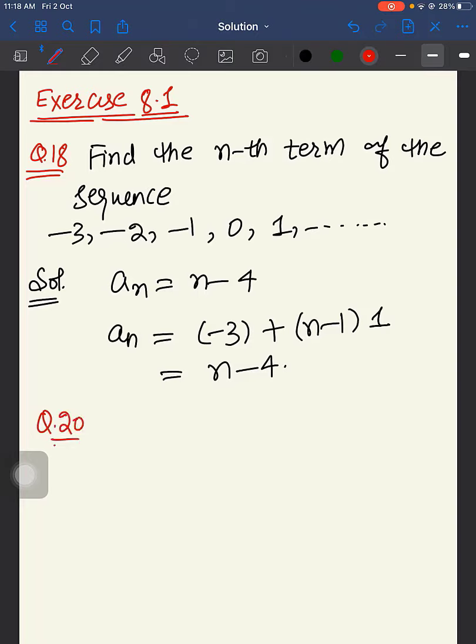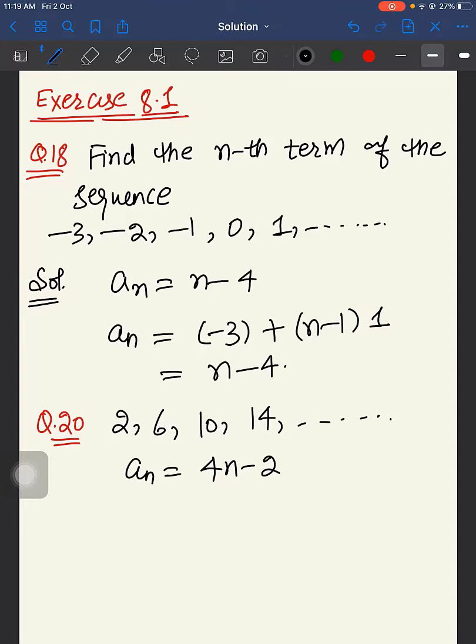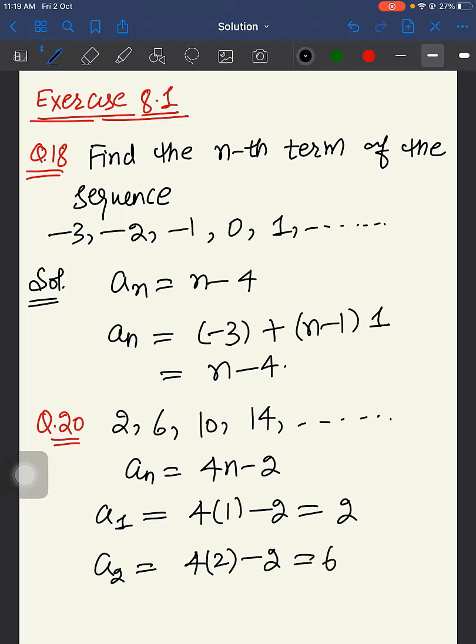Similarly, we can do question number 20 where we need to find out the nth term of this sequence. Now clearly there is a difference of 4 in each term, so we know that an is 4n minus 2. So by this rule a1 will become 2, a2 will become 6 and so on.